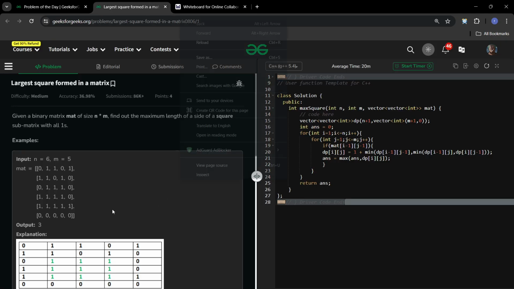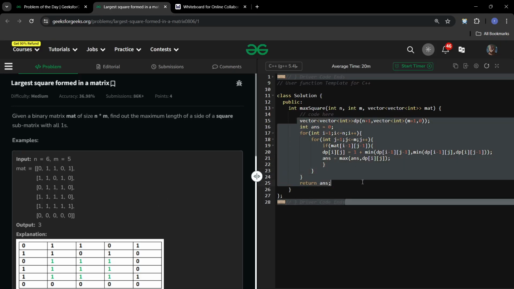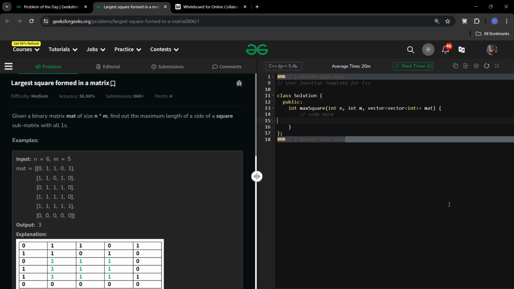Okay, so let's code it, guys. So here DP. I'm writing a table here. This is a DP table, just a DP table. Why am I taking this?